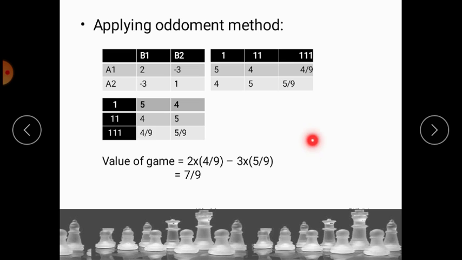That is 2 multiplied by 4 by 9, plus the other value, but here the value is minus 3, so we'll have a minus sign here, minus 3 into 5 by 9. Once you compute this, the value of the game that we get is 7 by 9.